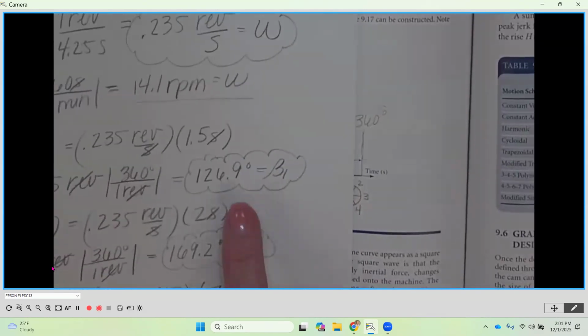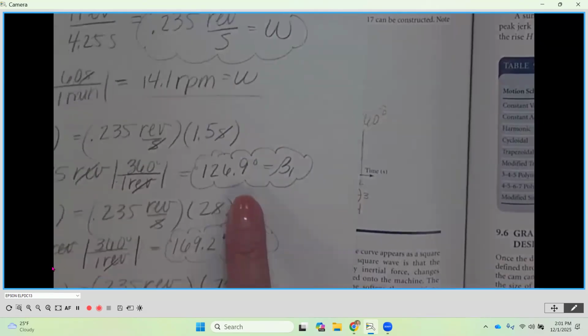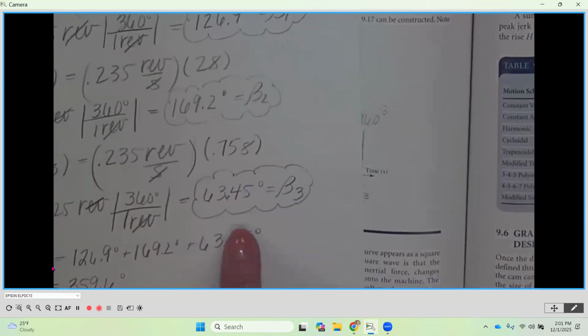Along the x-axis, you just need to mark off, for instance, your betas, because we know that this is 360 degrees in time, right? And so you would do however many motions you have. So in this case, there was 1, 2, 3. So you want to say beta 1 is equal to whatever the angle was that you have for that chunk, okay? And then beta 2 and beta 3.